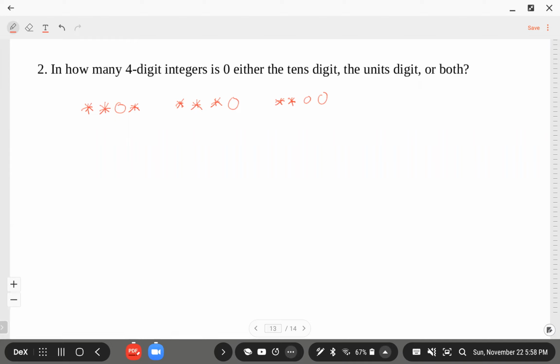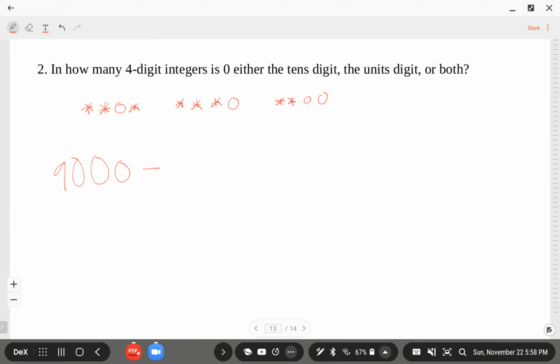What are all the possible outcomes? Let's see how many four-digit integers there are. There are 9,000 four-digit integers. Minus the unwanted outcomes. What are the unwanted outcomes?